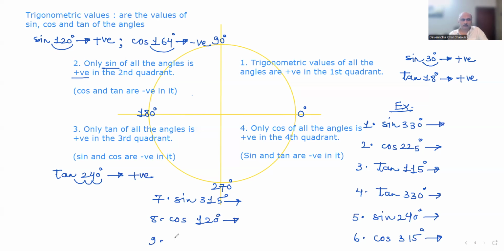Ninth is sine 210 degrees. And last, let's write tan 310 degrees.